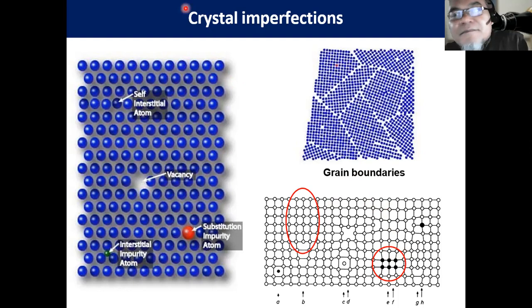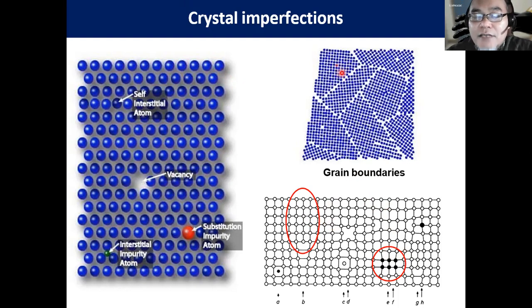Yes, Ezra? Sir, I want to ask what caused the crystal imperfection? Crystal imperfection occurs when the material starts to crystallize. Usually, we make crystal from the liquid state. We first melt the material and then we solidify it to make crystal.